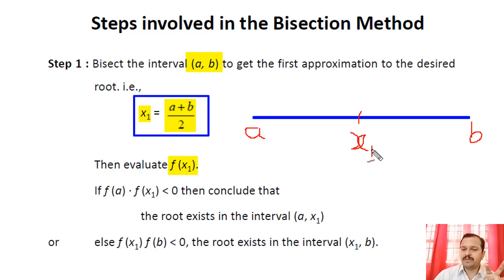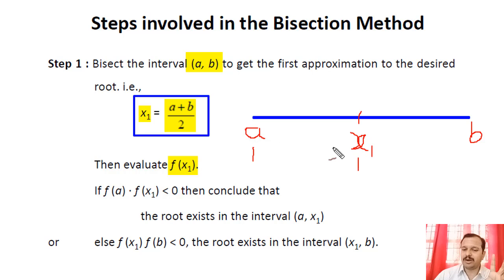Then we observe the sign of f of a and f of x1. If they are of opposite sign, that is if f of a into f of x1 is less than 0, that is the sign of the f value at this point and the f value at this point is opposite, then we say that the desired root exists in between these two.